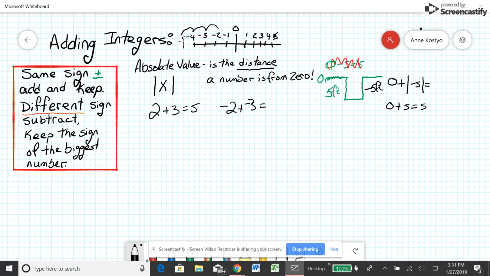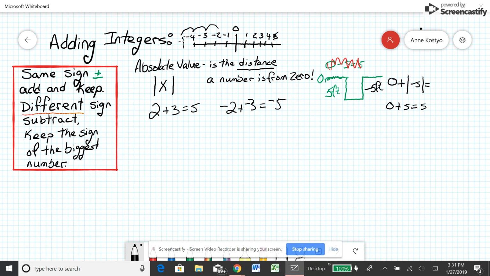And of course, the answer is -2 plus -3 is -5. But we usually get to our homework and we don't have something this simple. So let's take a look at some things that could possibly be in your homework.